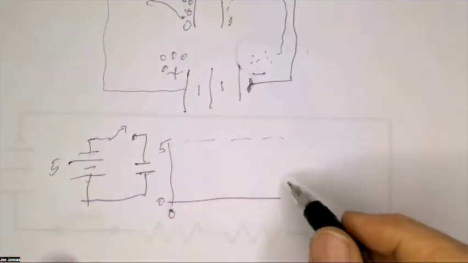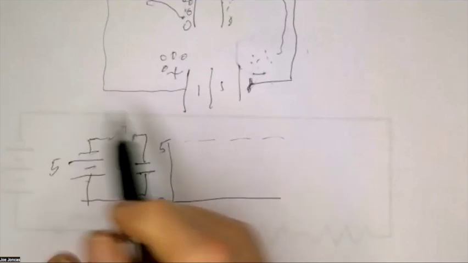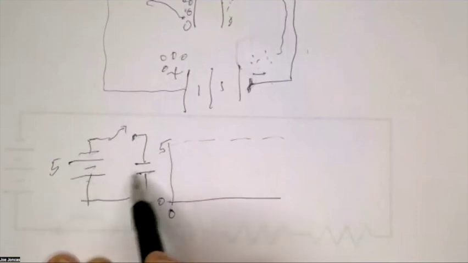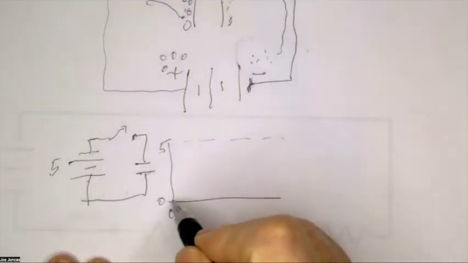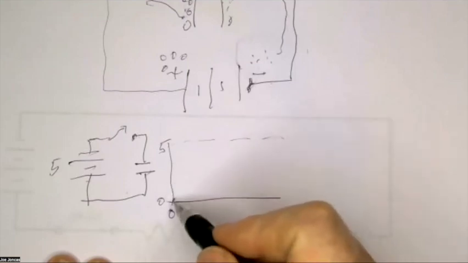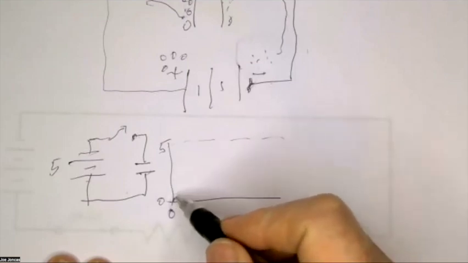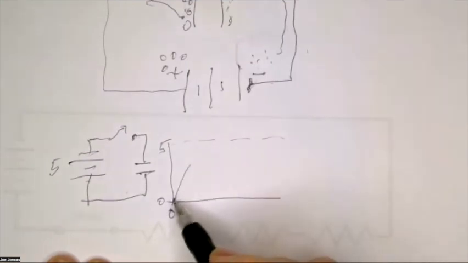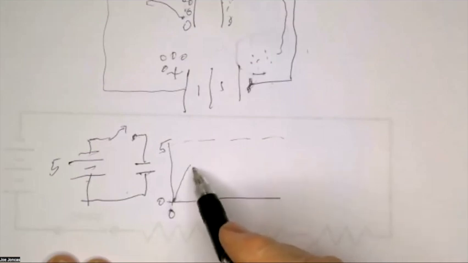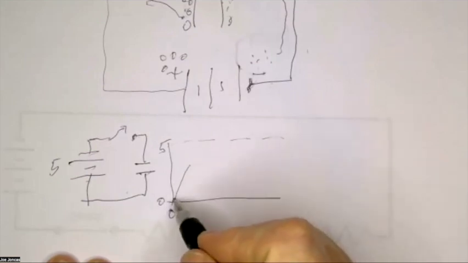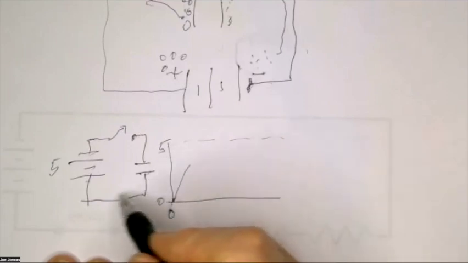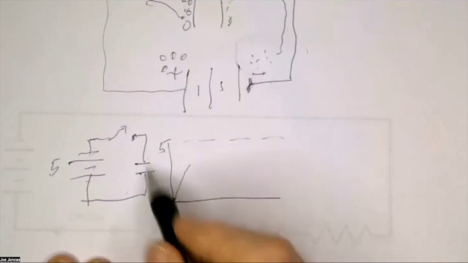At the instant that you close this switch, current can flow through this circuit. It starts out at 0 volts and the capacitor starts charging. After X amount of time, the capacitor will have gone from this state up to this voltage. The instant you close it, if there's no resistance, it would be extremely high current, because there's nothing stopping the current from forming here and pushing electrons off.